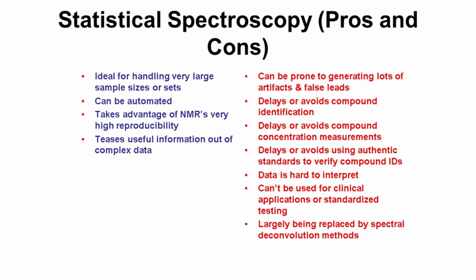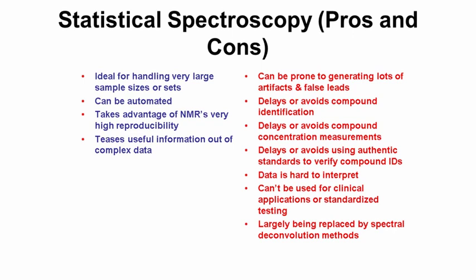In many cases, people use statistical spectroscopy because they don't want to try and buy or purchase or assess the authentic standards to verify what they think is there. In some respects, statistical spectroscopy, although pretty, can be quite hard to interpret. They're not clean spectra. They're statistical spectra.